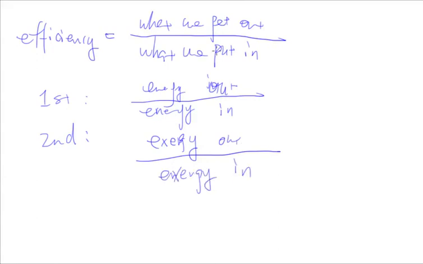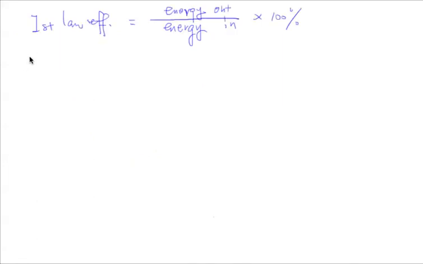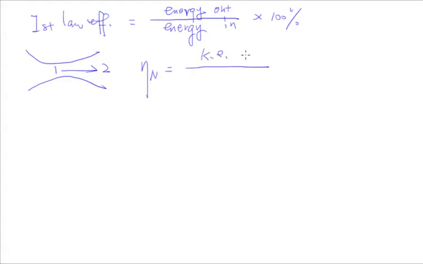Now let's take a look at a few examples of first law efficiency. First, a nozzle. A nozzle is a device that converts internal energy to kinetic energy. We define the efficiency of a nozzle as the actual change in kinetic energy over the change in kinetic energy during an isentropic process.